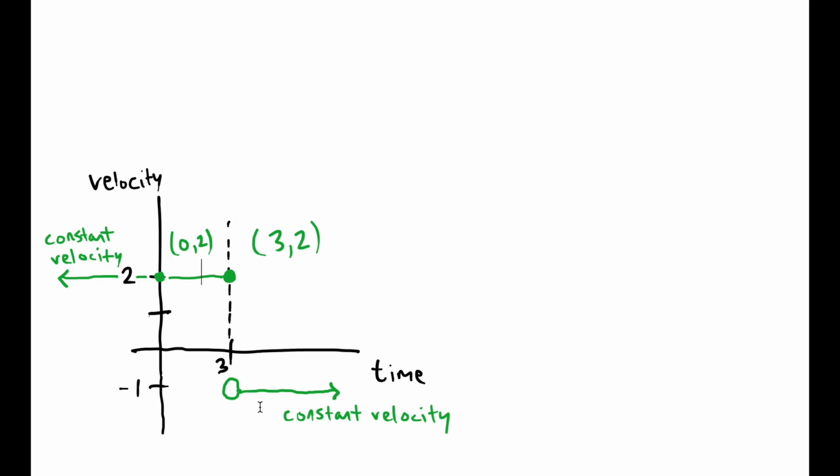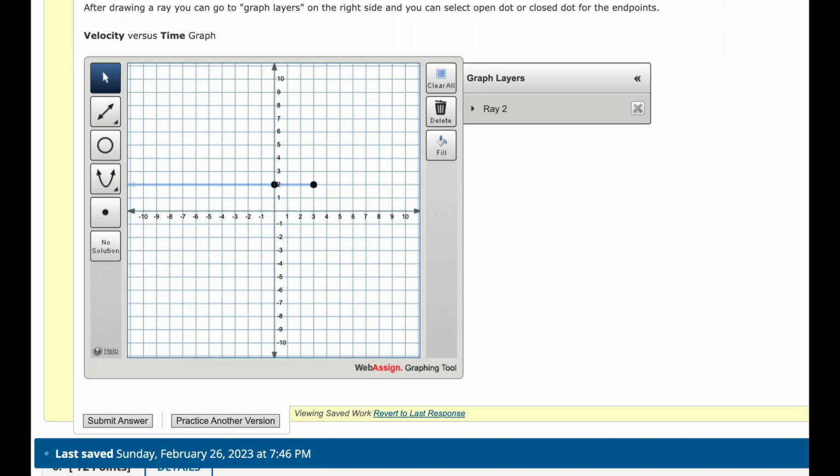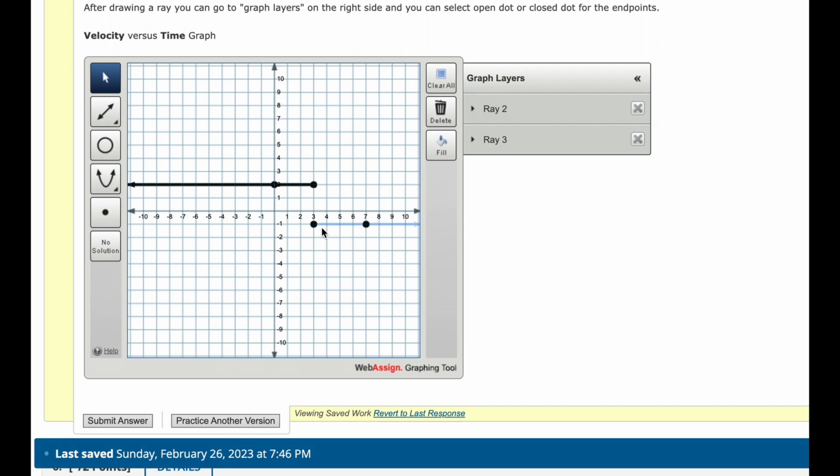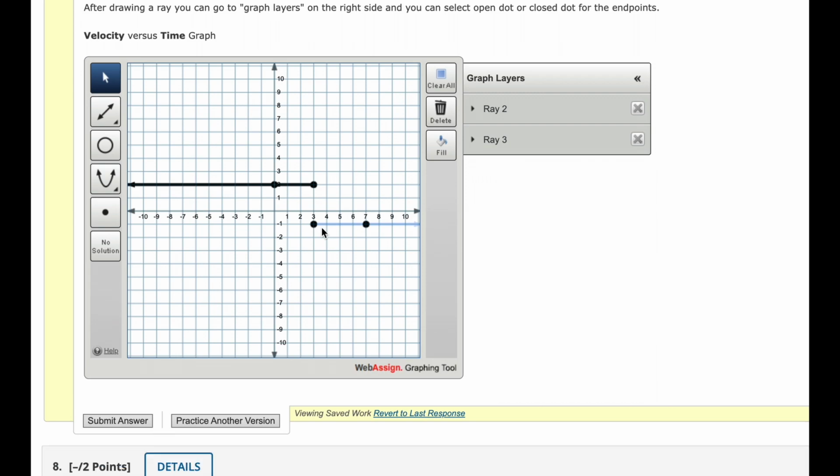Now we're going to try to plot this one, which points to the right. So let's click the ray tool again. It will put another ray, but this time at -1, and click another point which is to the right of that. Now that's pretty good. We've got 2 rays. One thing is though, we have to make our second ray here have an open dot at the time of 3.